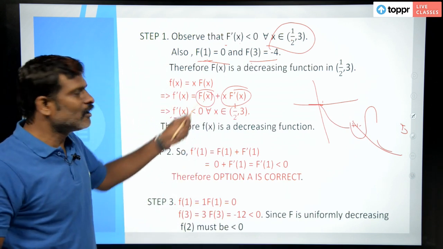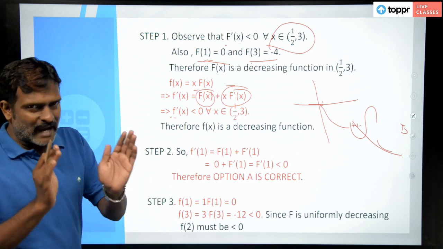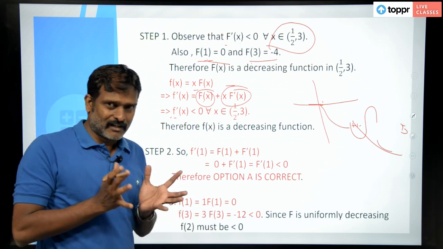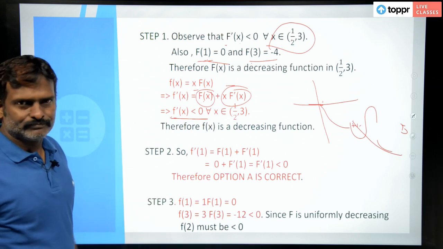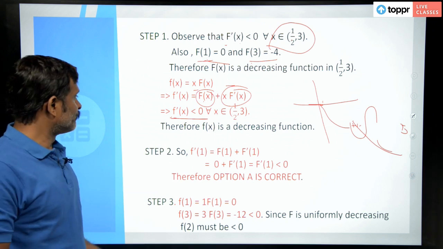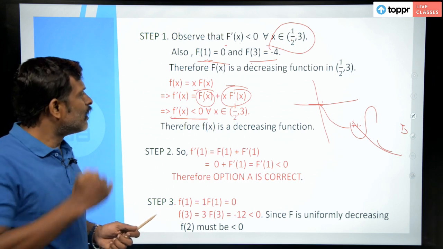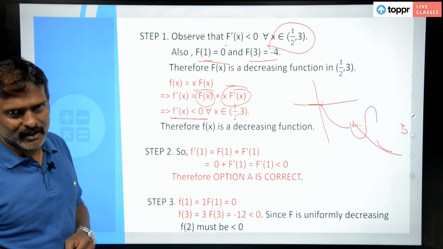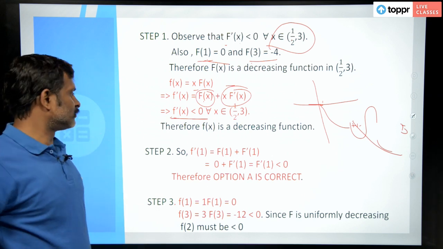So this is a negative value, and this is a negative value. When you add both of them you get a bigger negative, that is the reason f dash of x is always less than 0. Is that clear so far? f dash of x is less than 0 means f of x is also a decreasing function.